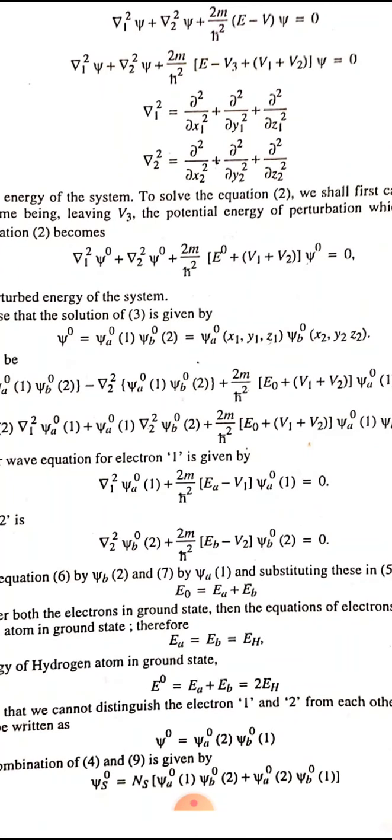Now, to solve the equation we get from the Schrodinger equation, we shall first calculate the unperturbed energy for the time being.